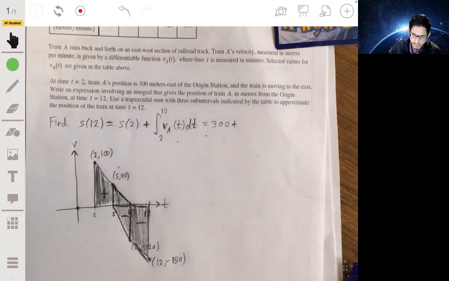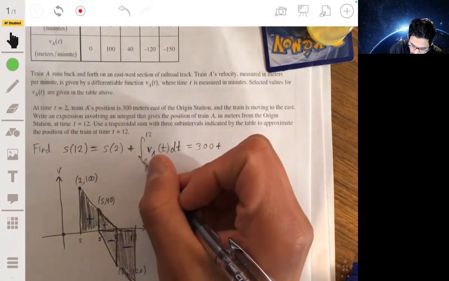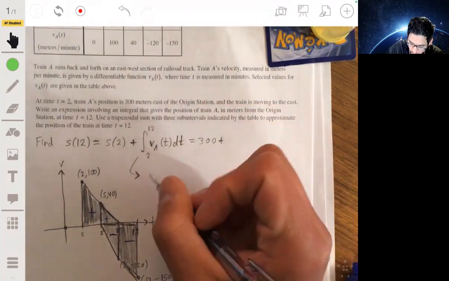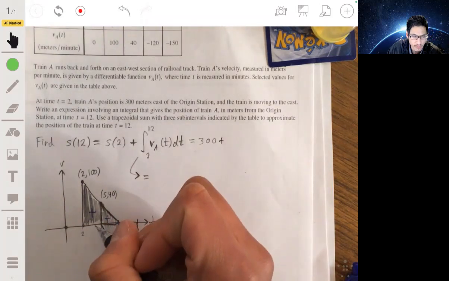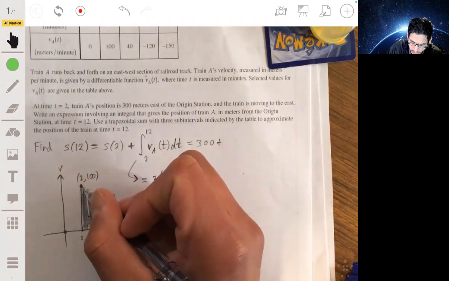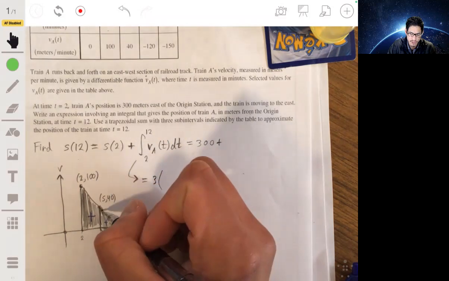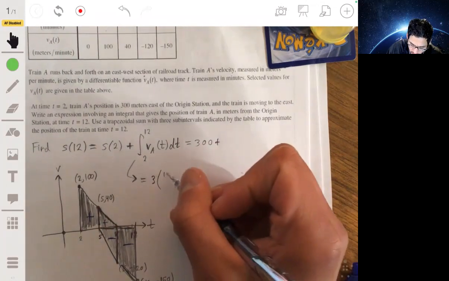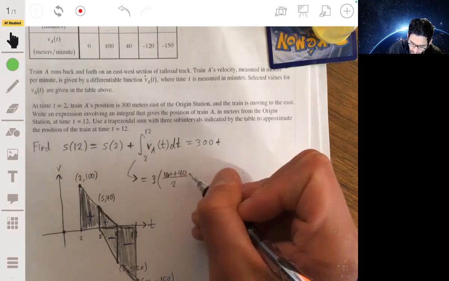This would be equal to the width 3 times v of 2 plus v of 5, or 100 plus 40, divided by 2, so the average of those.